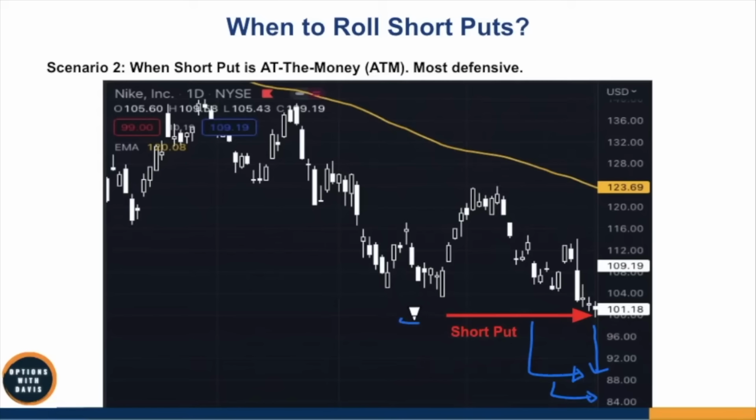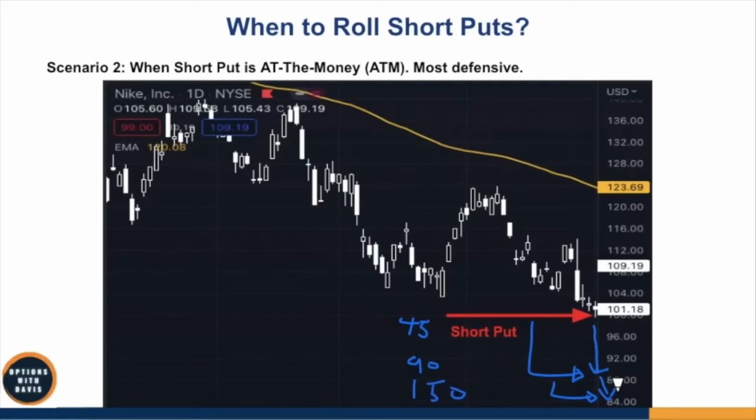So if you started off with 45 days, and within the next 5 days the market has dropped down to the strike price of the short put you rolled to, so 5 days has passed, now from 40 days you will be rolling to maybe 90 days, right? And if another 5 days has passed and it dropped again, then you want to roll from here. Maybe this time you have to roll to 150 days.